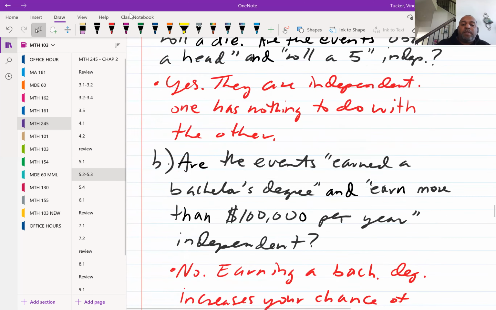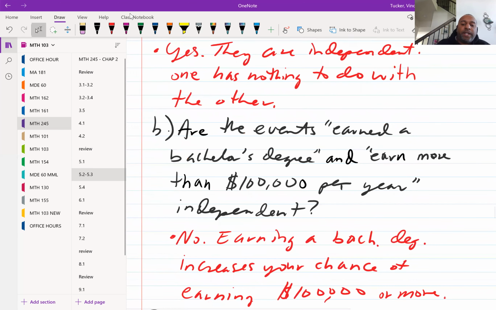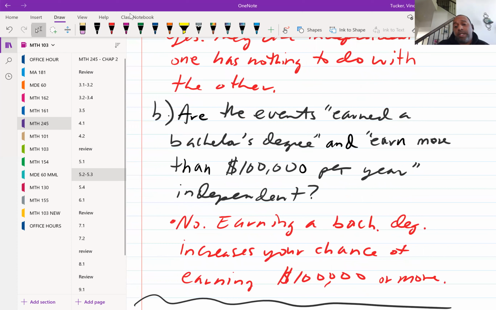They are not independent. Earning a bachelor's degree increases your chance of earning $100,000 or more. It doesn't guarantee that you will make $100,000 or more, but once again, we're talking about increasing the probability.